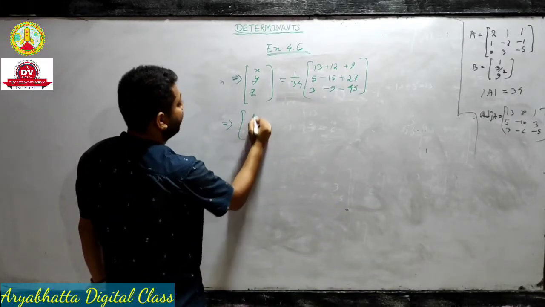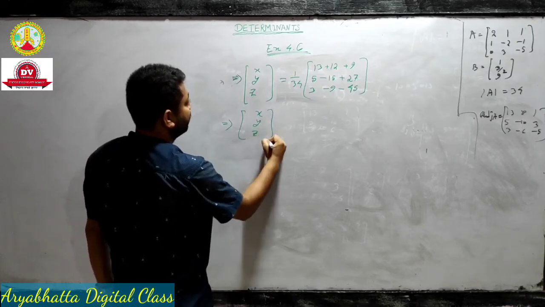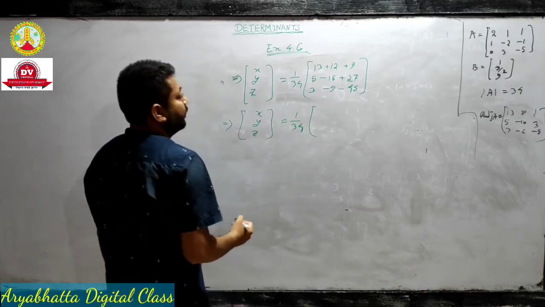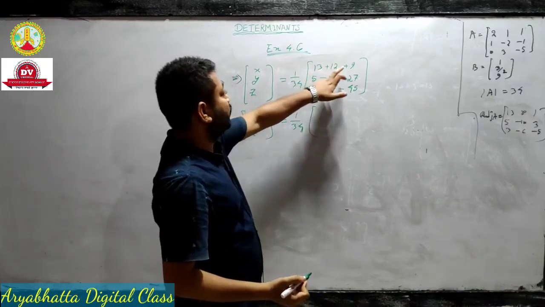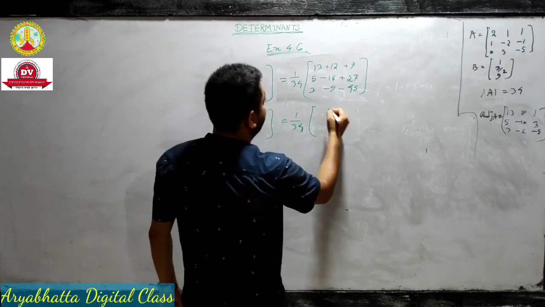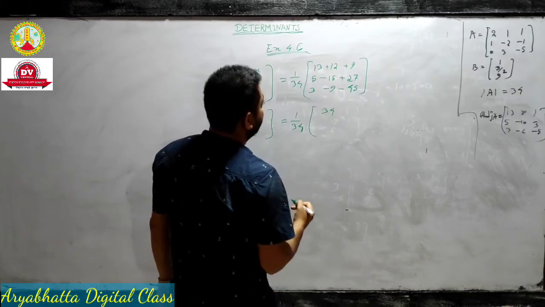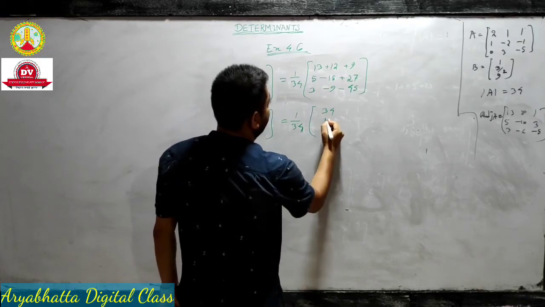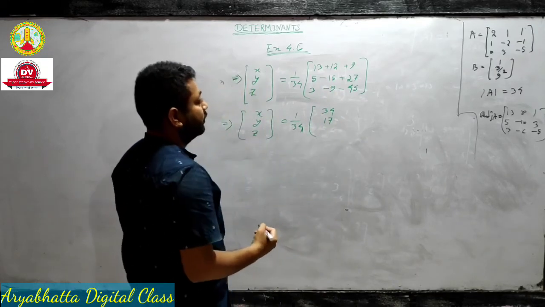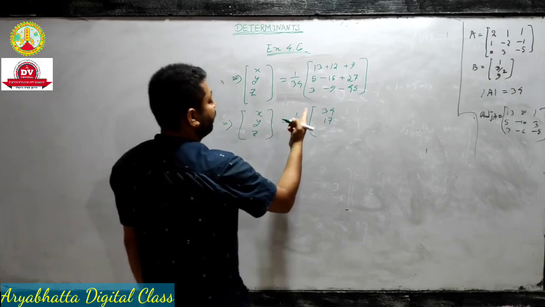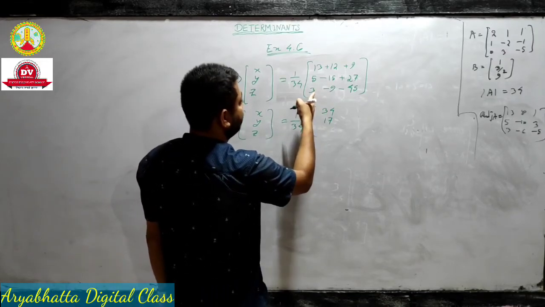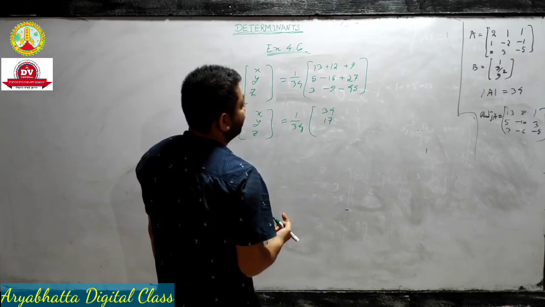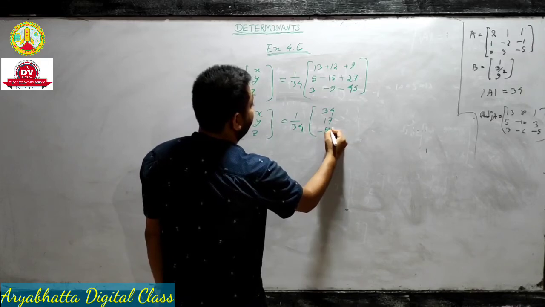x, y, z equal to 1 by 34 into 13 plus 12 plus 9, that is 34. Next 5 minus 15 plus 27 equal to 17. Next 3 minus 9 minus 45 is minus 51.